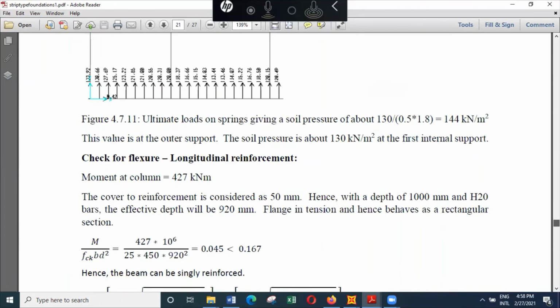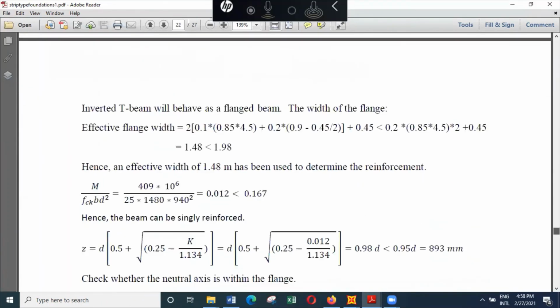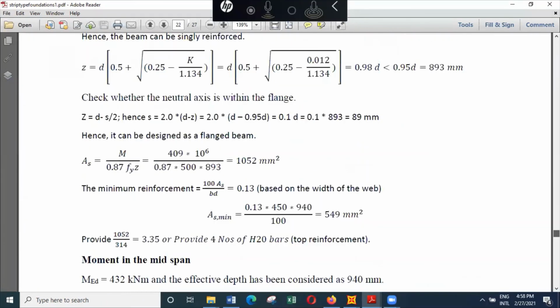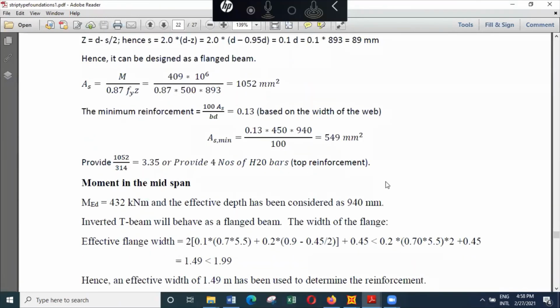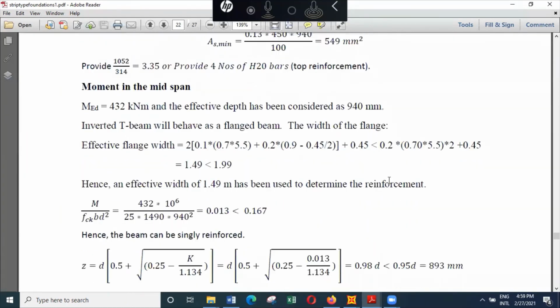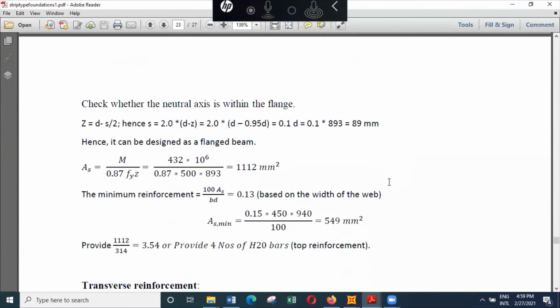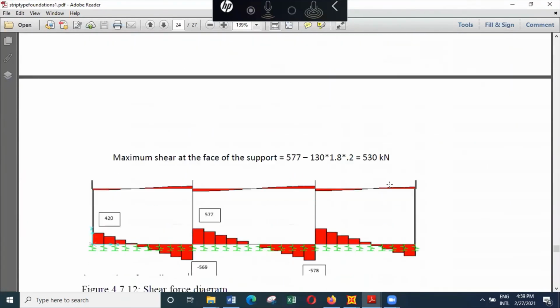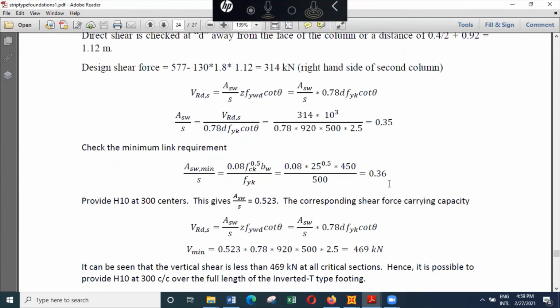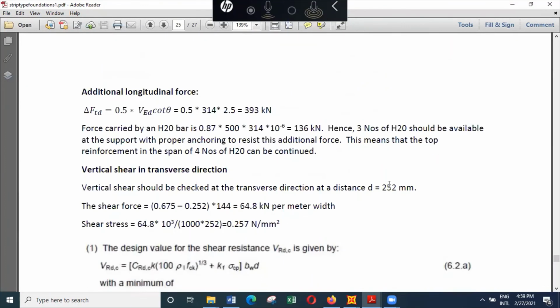And if you look at what we discussed last week, you would have found that the direct shear cannot be taken in that particular problem because the soil pressure is very high. Whereas in this problem, you can see the soil pressure is low, and because of that reason, the shear is not a major problem in the flange.